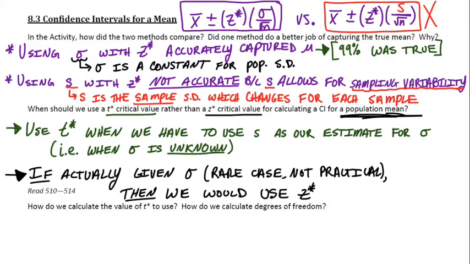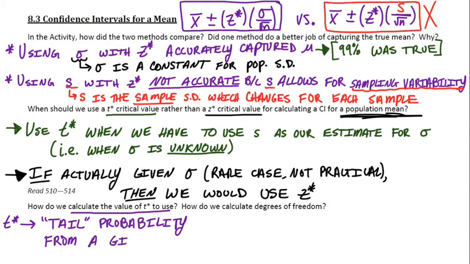So we learned last section how to get the z-star values out of the normal curve. How do we get our t-star values, like a t-score, from this distribution? Well, it's similar to the normal distribution. We're going to look for tail probabilities. So what's the tail probability that goes with a given confidence level, whether it's 95% or 99% or what have you?